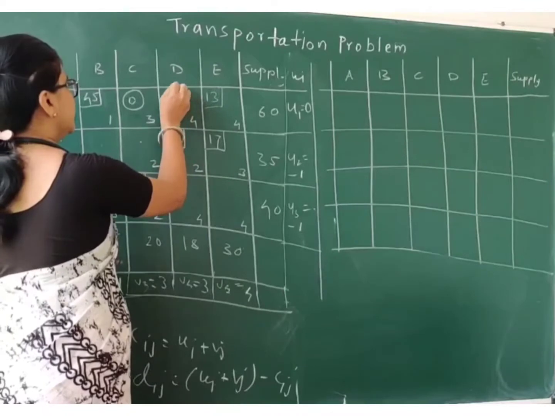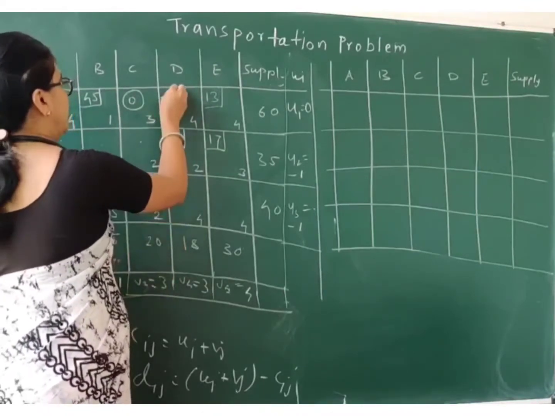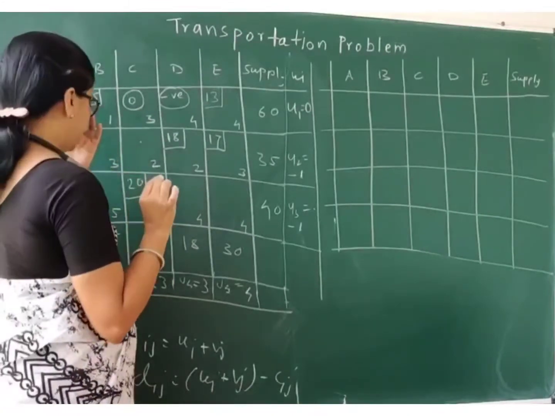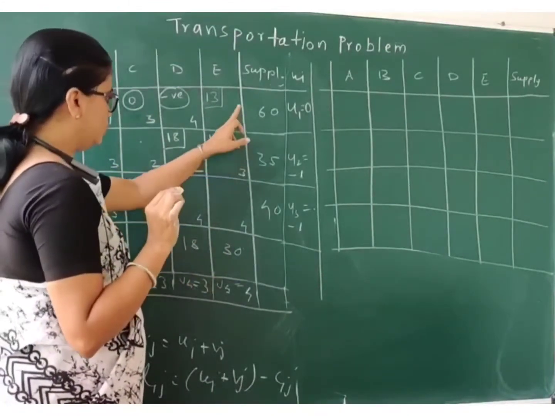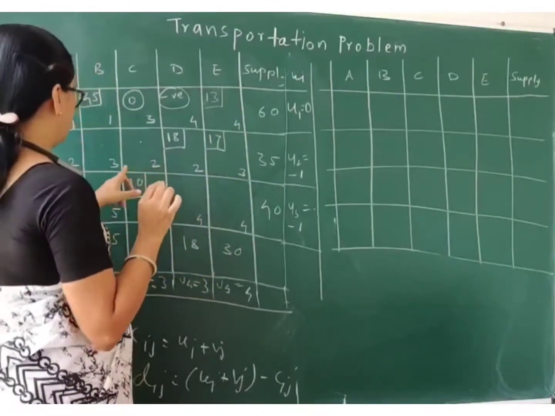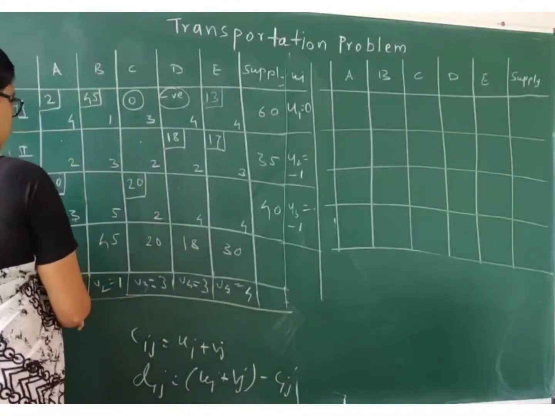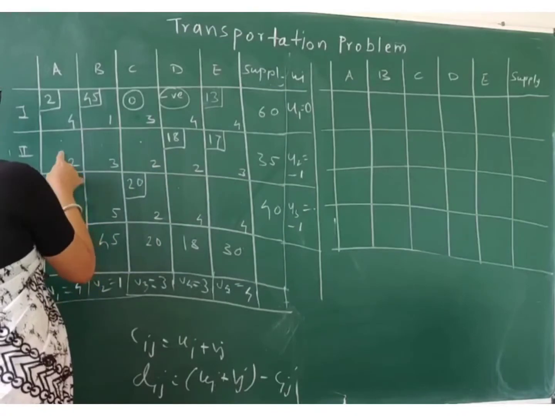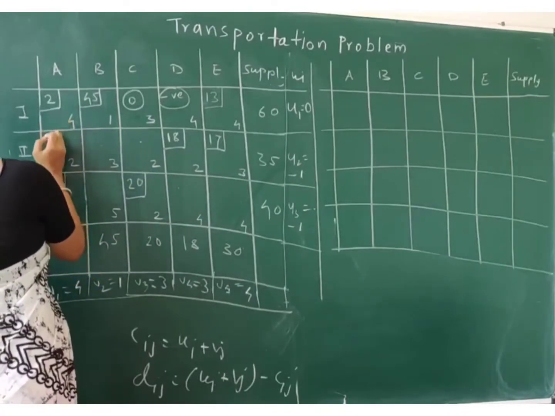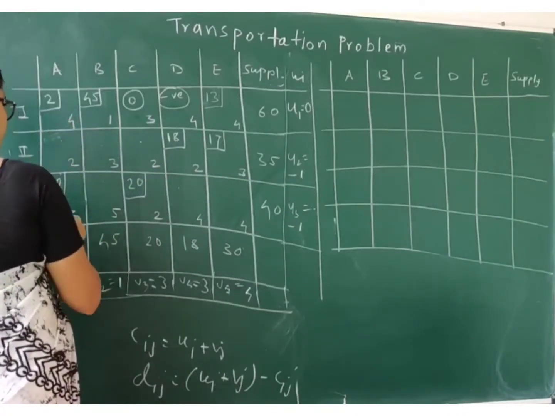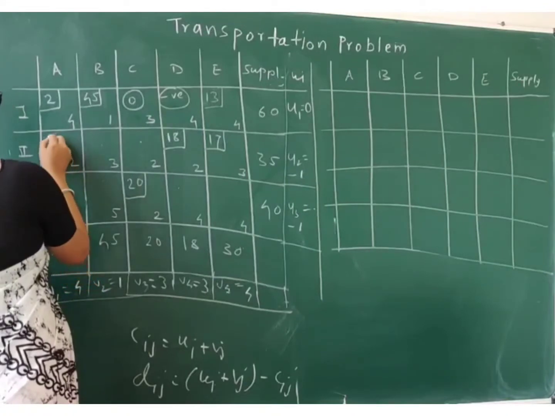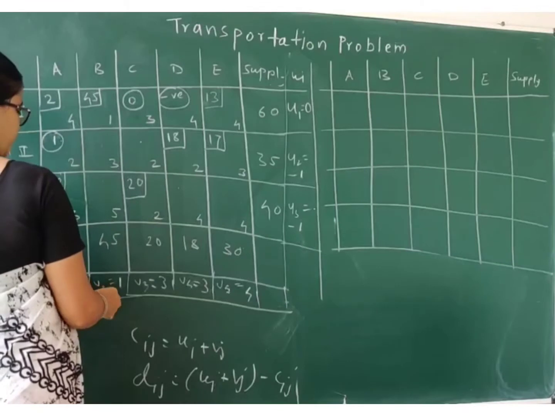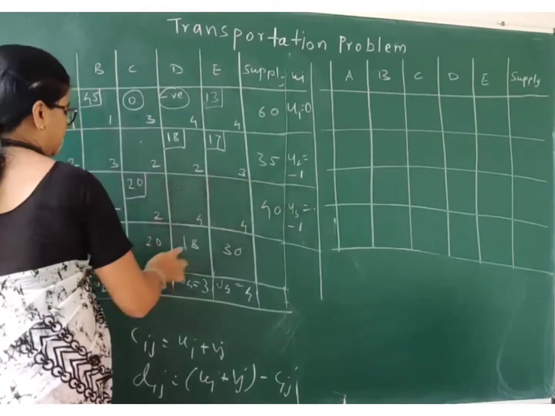If the value is negative, we write only the negative sign. Next value: 4 minus 1, that means it is 3, then 3 minus 2, so I get the value as plus 1. Next, it is 1 minus 1, that is 0.